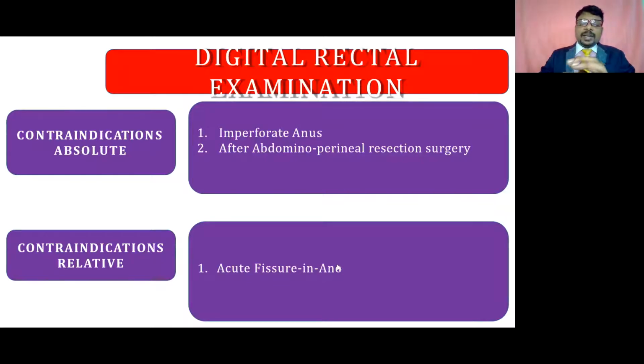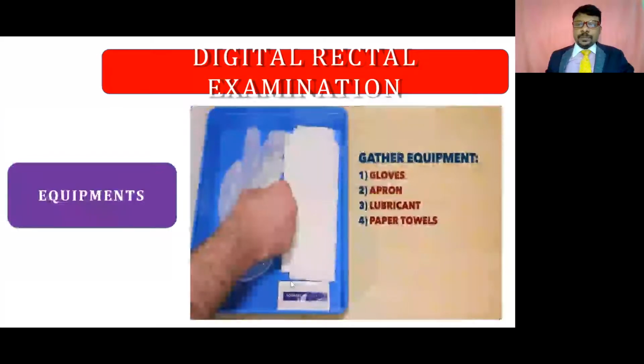If there is any abnormality in the anus, or any abdominal or perineal surgeries, in those conditions it is contraindicated. The absolute contraindication is an acute anal fissure. Fissures mean a deep breakage or tearing of the tissues in the anal region in sudden acute conditions. This is the absolute contraindication.